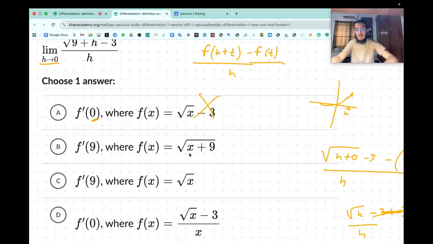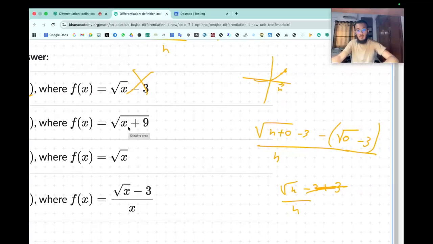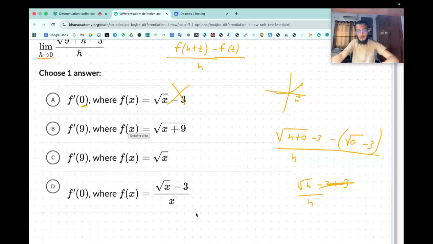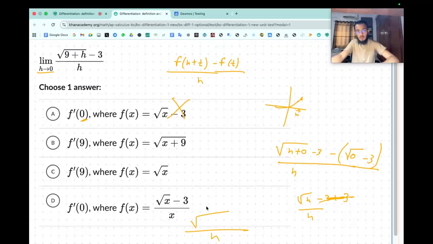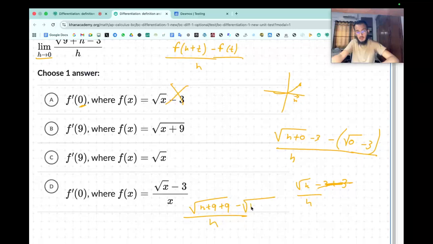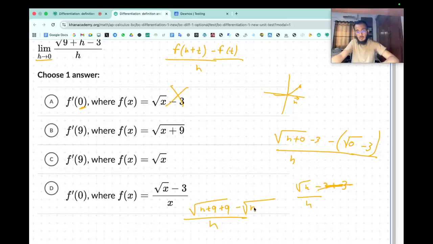What about this? X plus 9. So we have h here, root h plus 9 minus root 9 plus 9.